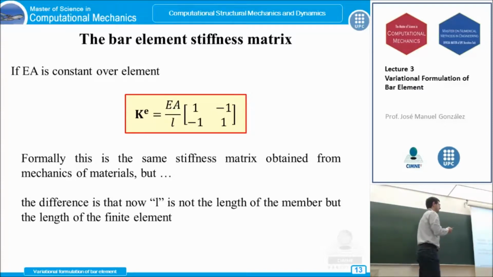But we have some advantages here using this total potential energy formulation, which is a very general way to solve the problem. So we can consider a variable cross-section area, for example. This is much more difficult if we use the mechanics.